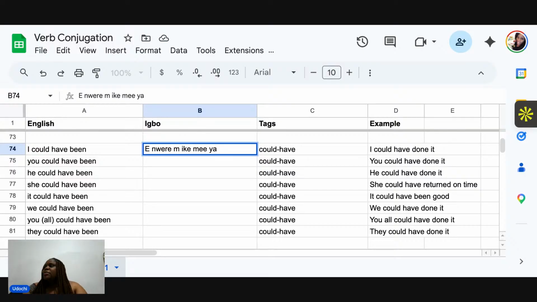And while we're waiting for him, let's translate it on Google Translate and see what it says. I could have done it. Oh, what? It says "I got him. Got it, Maya." That doesn't say what I was trying to say at all. I could have.